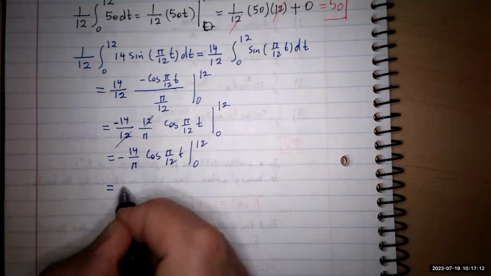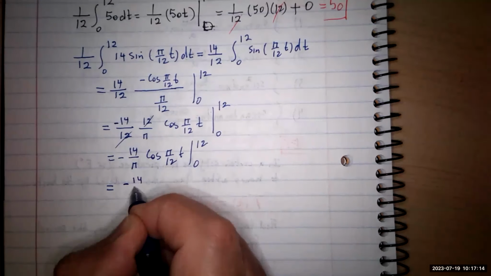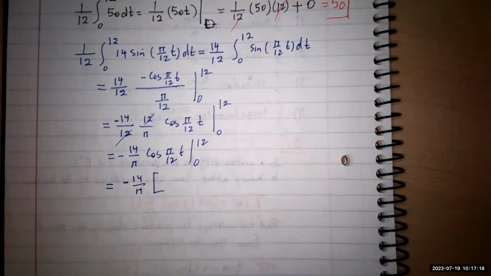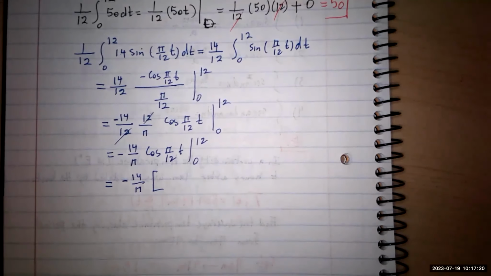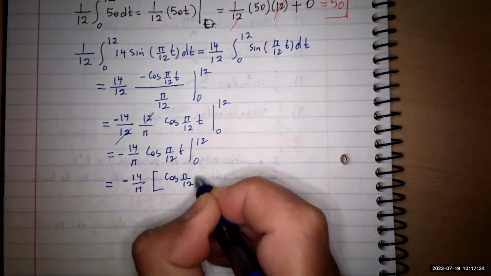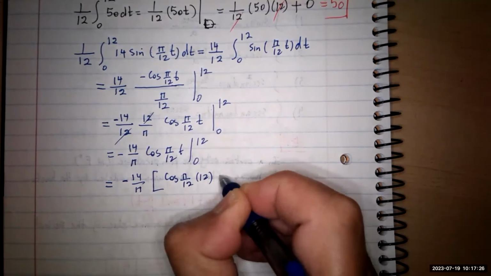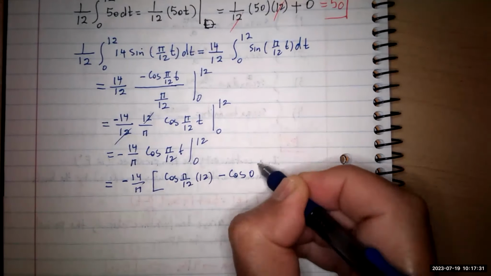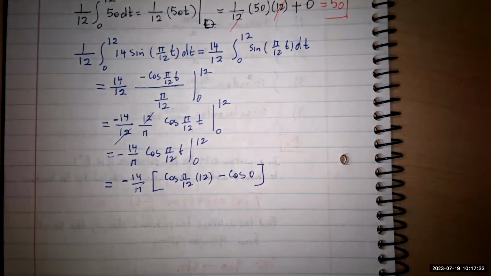Substitute: open up a bracket and replace the t by 12, which gives cosine of pi/12 times 12, minus cosine of, when you replace the t by 0, that gives you 0. 12 and 12 cancel out.